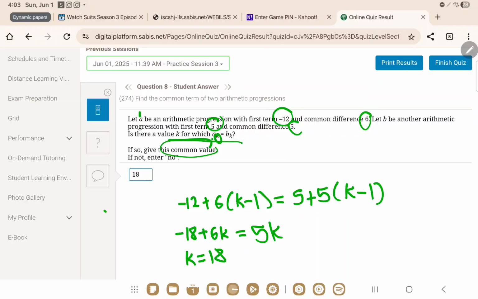What does that mean? It means you take 18 and you substitute it in any one of the equations to get your answer. But if they just said find the common value, you're just going to find the value where both of them are equal to each other. You don't need to do anything more than that, unless they specify.